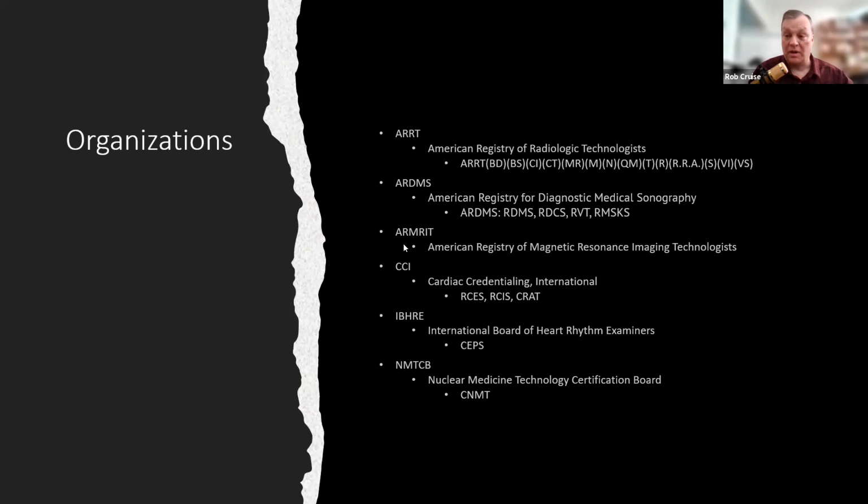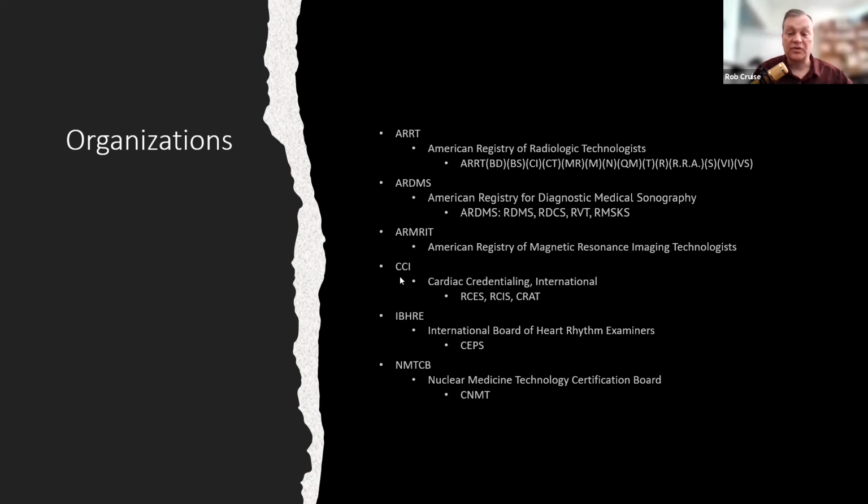The ARMRIT is the American Registry of Magnetic Resonance Imaging Technologists. So you can see that this deals with MRI, but the ARRT also has an MR or MRI credential as well. So there's two pathways to get there. It just depends on which organization you did your exam through and passed.